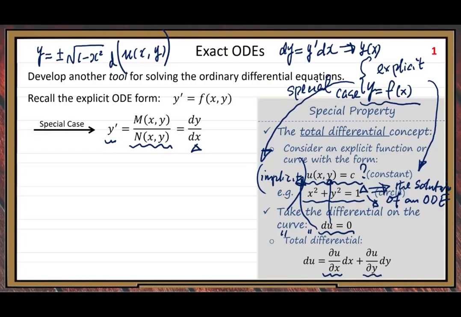When you do partial derivatives, you need to select one variable. The first type of partial derivative, partial u over partial x, you make x the variable.